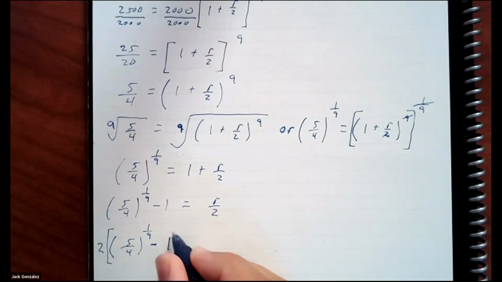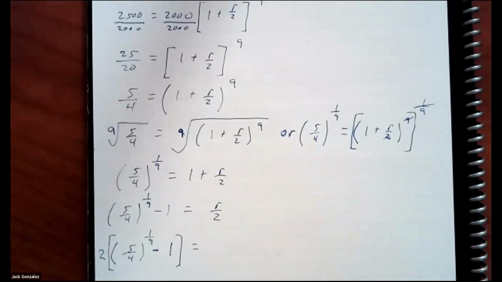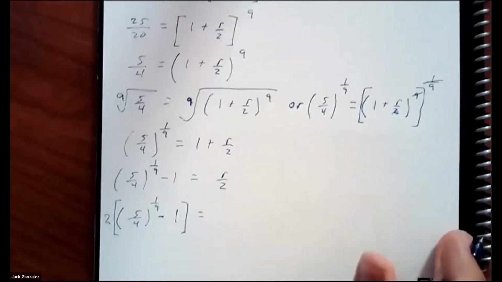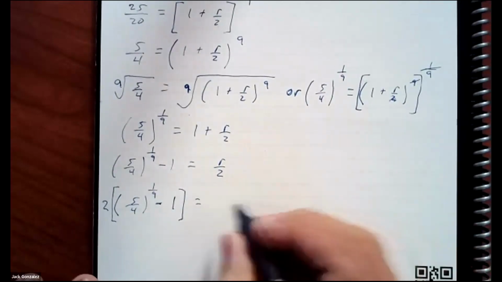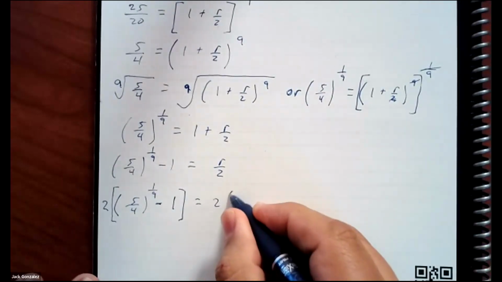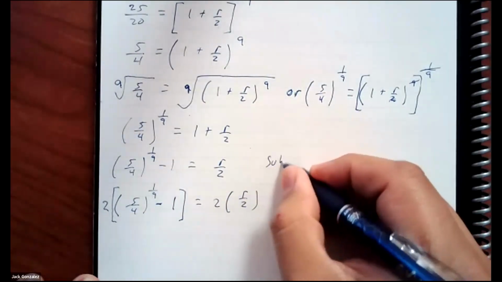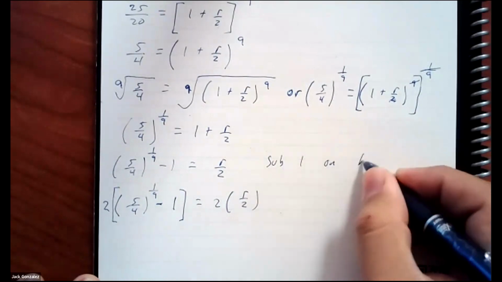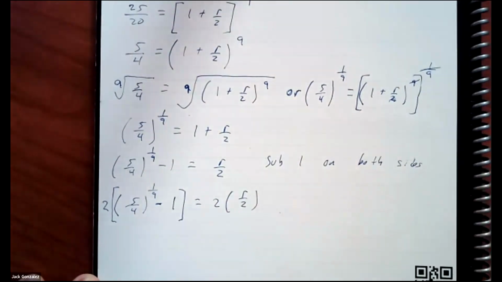What's up? I didn't show the minus 1, I just did it. So right here we subtracted 1 on both sides. That's a step I didn't show.